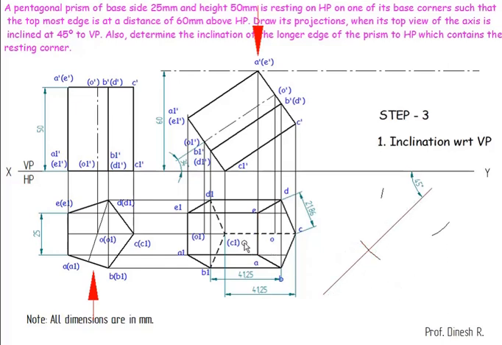This one is C1. Now I'll take the distance from C1. After cutting an arc, I'm going to take the distance from C to this point, which is 21.74. I'll cut an arc.